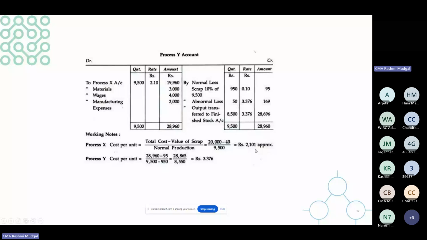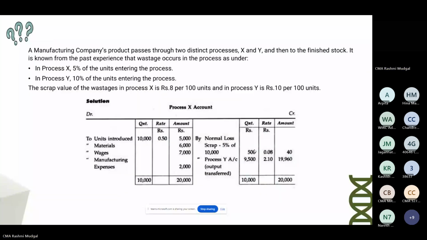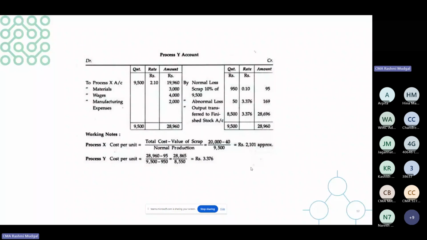Okay, so this is the solution of the process X account, where I can see 9,500 units at a price of 2.10 and an amount of 19,940. Now process Y is going to get 9,500 units of output from process X. Here also I will scrap 10% of the product.